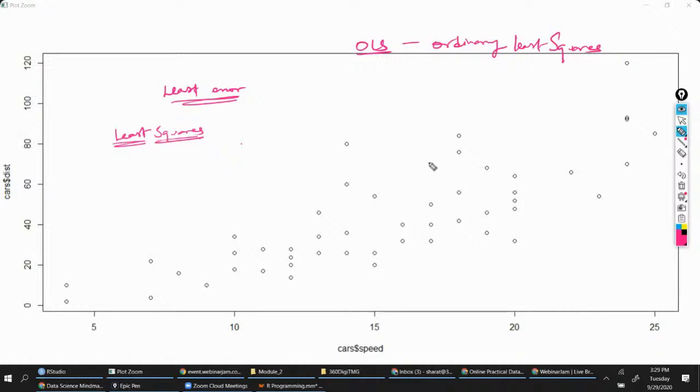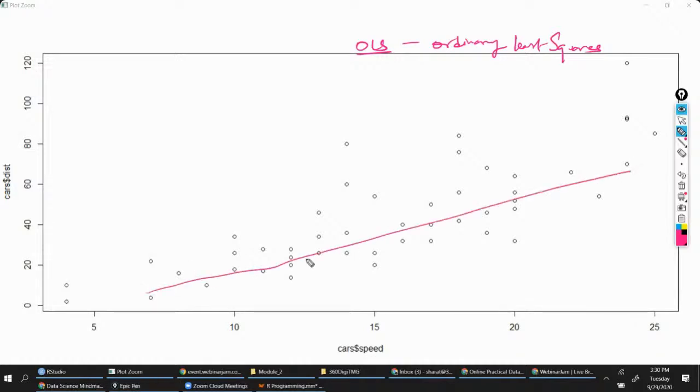Ordinary least squares. OLS. What is this OLS doing? It is trying to find a line which is giving us the least magnitude of error.